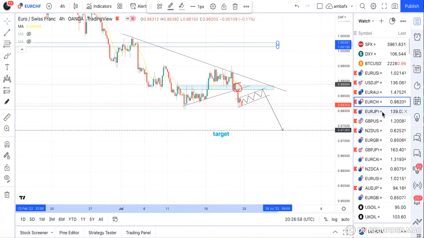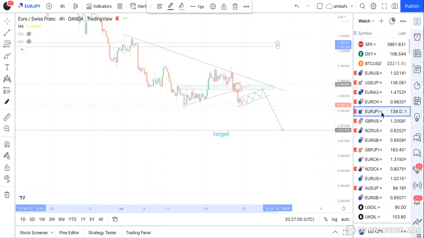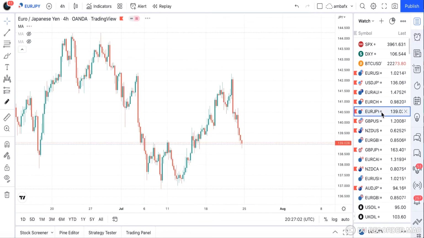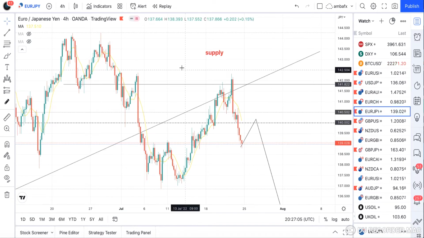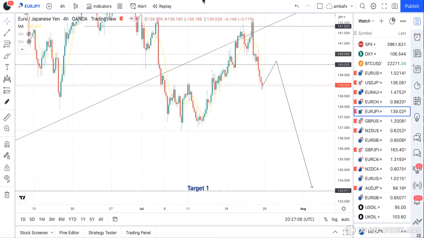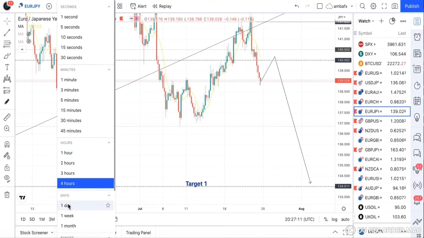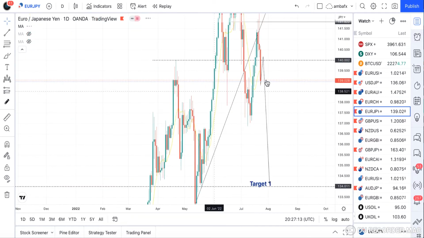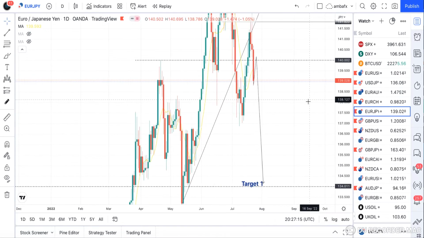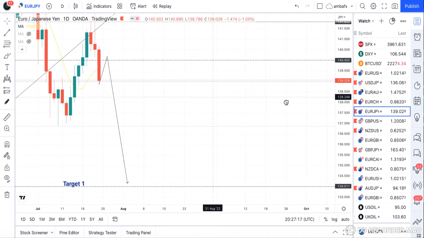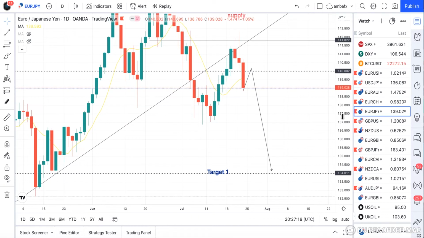So the next pair for us is Euro JPY. If you check the daily time frame, last week we saw that the manufacturing PMI came negative for the euro.